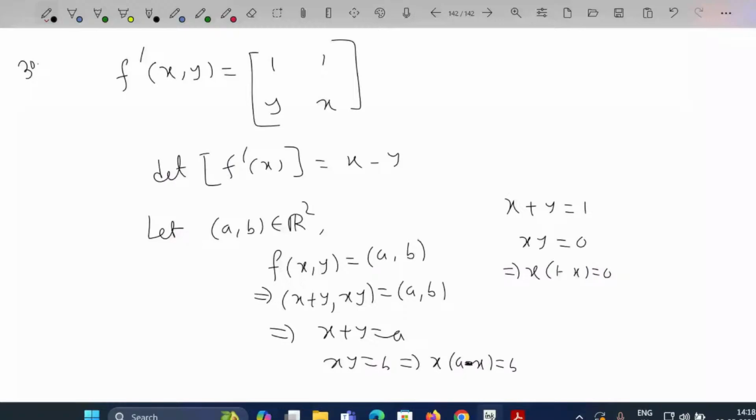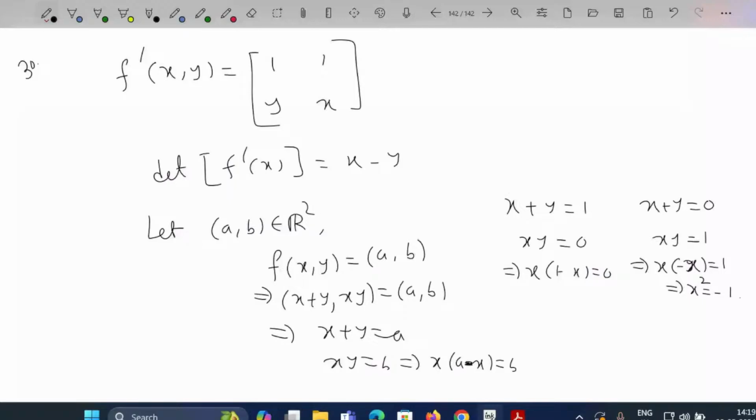But if we consider x plus y equals 0, but x into y equals 1, then x into minus x equals 1 and you have minus 1. So you have no solution. So 0, 1 has no pre-image.